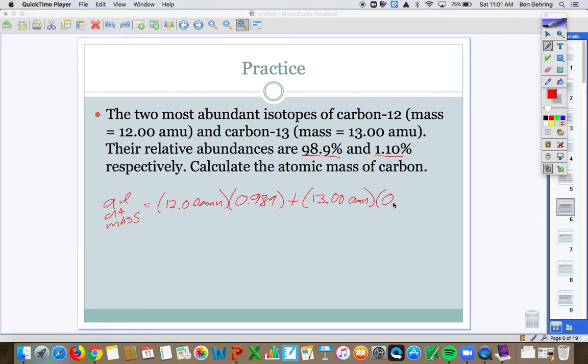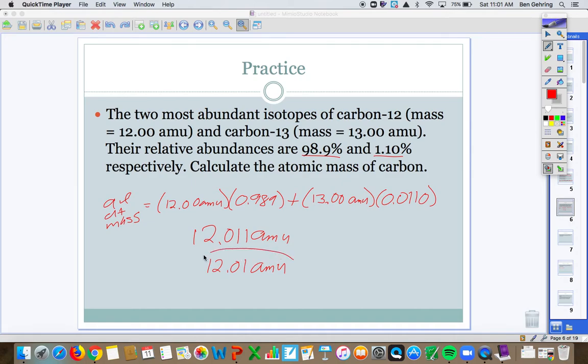This is going to be 0.0110. If you multiply 12 times 0.989 plus 13 times 0.011, you should come to an average atomic mass of carbon of 12.011 AMU, or you can leave it at 2 decimals, 12.01 AMU.